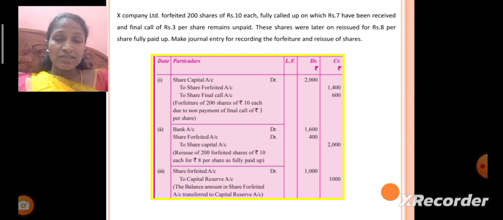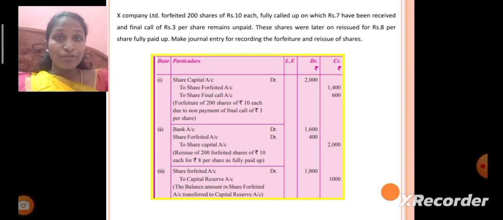The next is reissue of shares. The entry is bank account debit, share forfeited account debit to share capital account. First we put the amount in share capital, that is 200 shares were reissued.